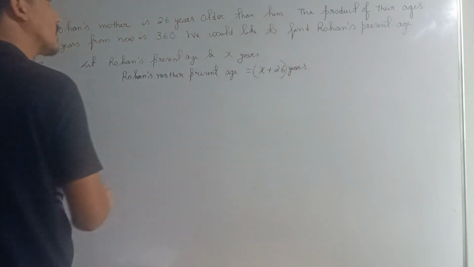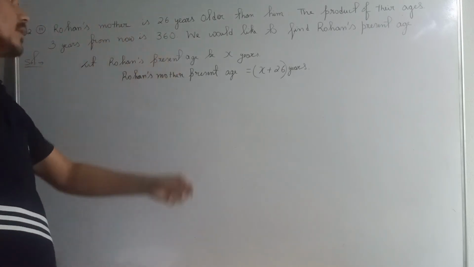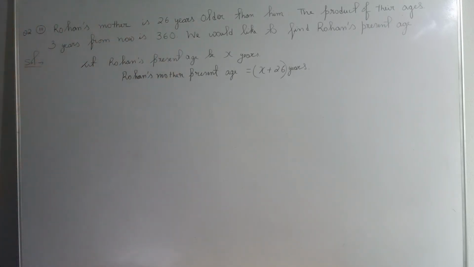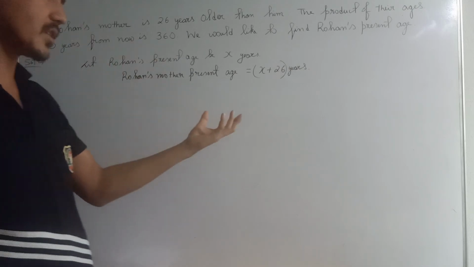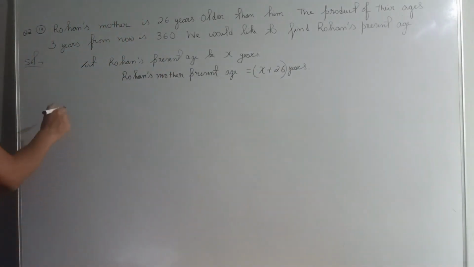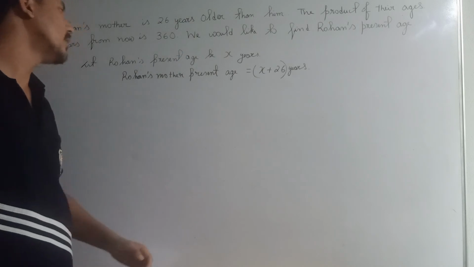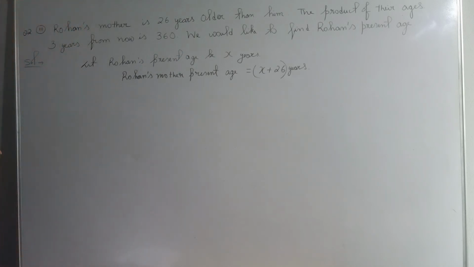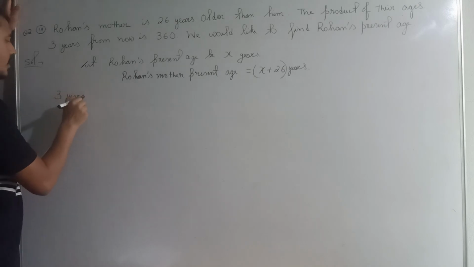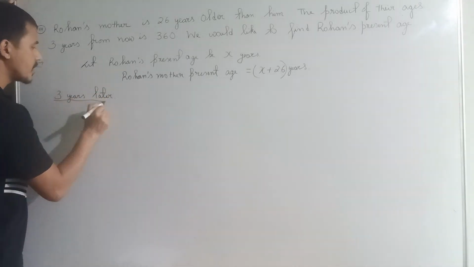Now, product of the ages 3 years from now means after 3 years, when you multiply Rohan's age and his mother's age, that product will be equal to 360. So let us see after 3 years what will be Rohan's age and what will be his mother's age. So 3 years later, 3 years from now, means after 3 years.